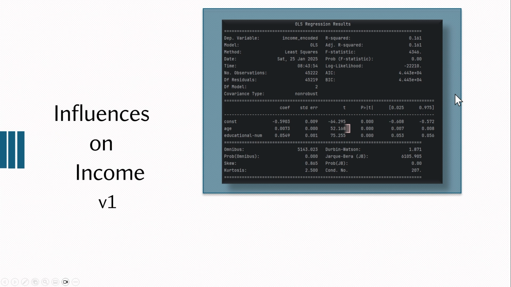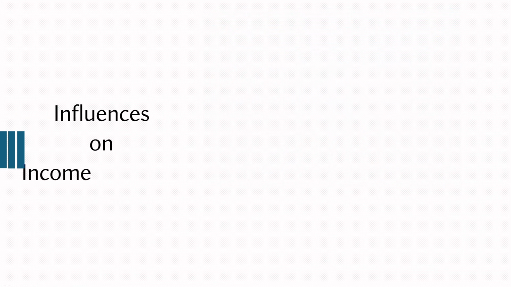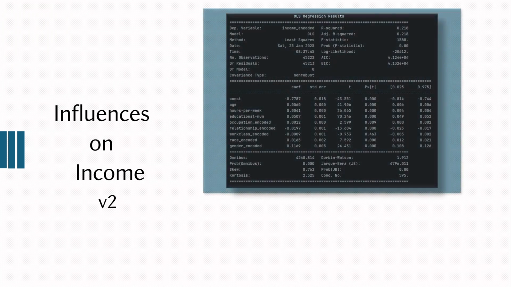And we've got some huge t values here, meaning that the strength or the magnitude of these relationships is strong, and we can go about that assumption with great certainty based on these p-values. Now, looking at version 2 of our linear regression test, I decided to throw all of the variables at the model and see what we would get. And if you see this R value here, this model accounts for 21.8% of the change in our income variable.